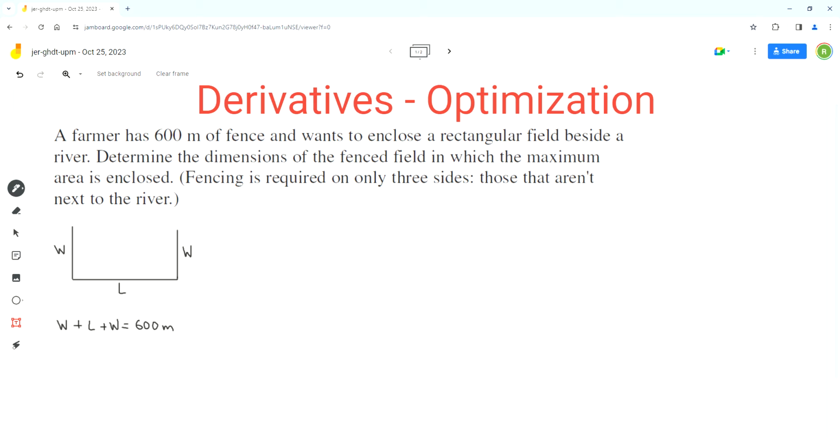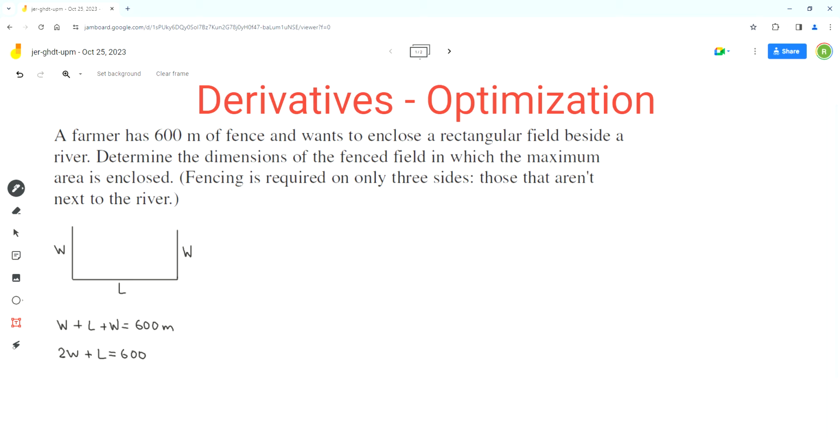Now we can simplify this equation by combining the like terms on the left side. So W plus W is equal to 2W. So 2W plus L equals 600. So this is the equation we get from the given length of fence used to create this rectangle.